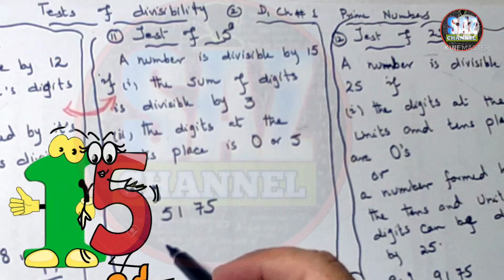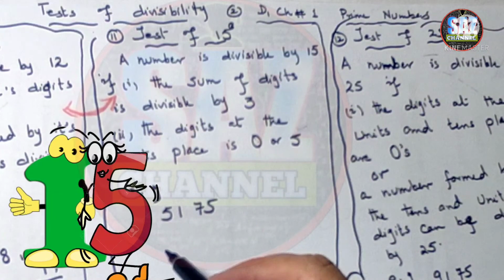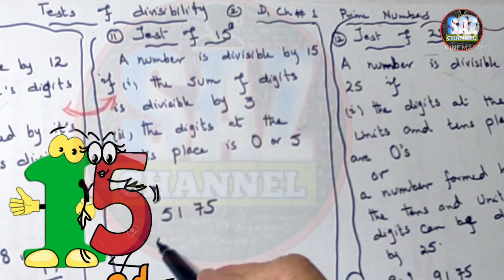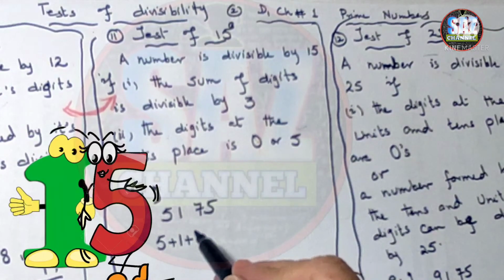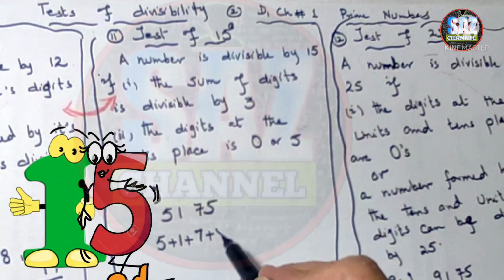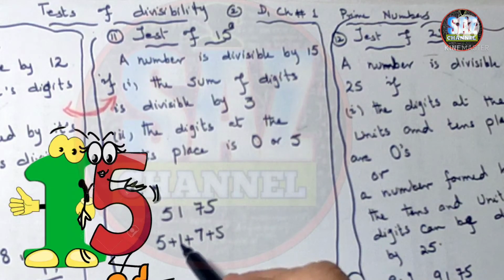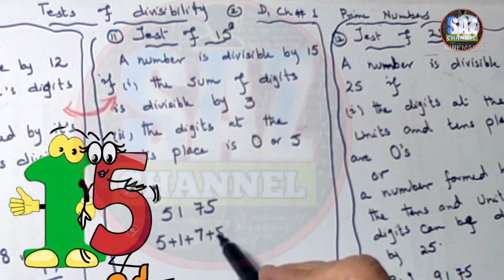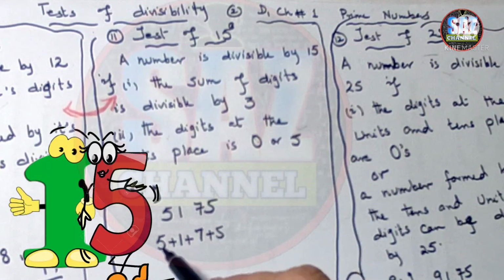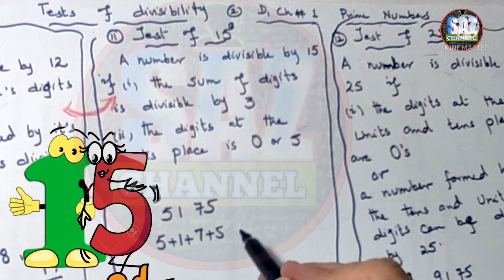First of all, we have to check the divisibility test of 3, that I have to add up the digits of this number. 5 plus 1 plus 5. 5 plus 1 is 6, 6 plus 6 is 12, and 1 is 13, 13 and 5 is 18. Okay, 5 and 5 is 10, 10 and 8 is 18.